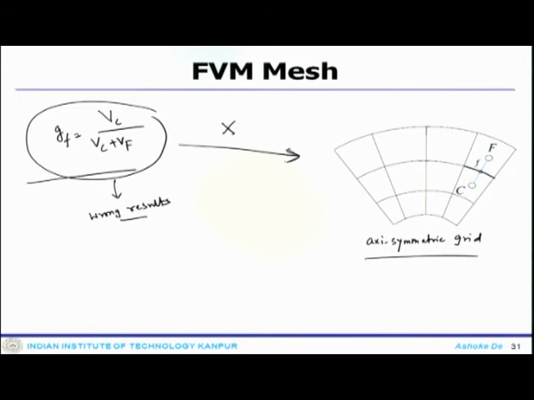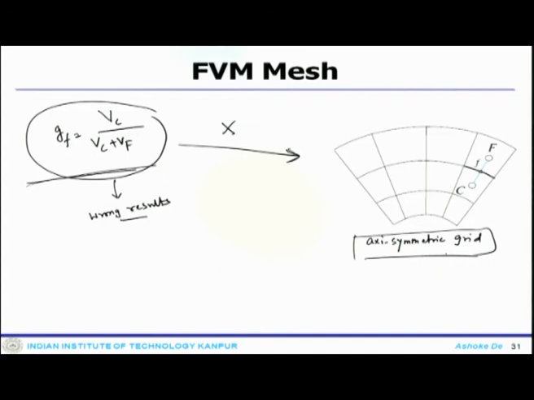Configuration to configuration it may change, and the calculation needs to be handled accordingly. If you have a generic expression for that, then there is a problem. For certain cases it would work, for certain cases, as I have shown, it may fail.